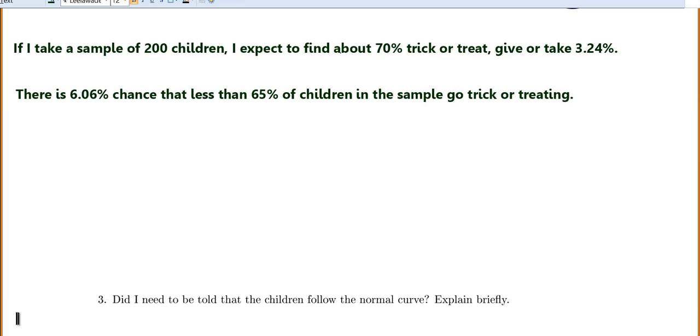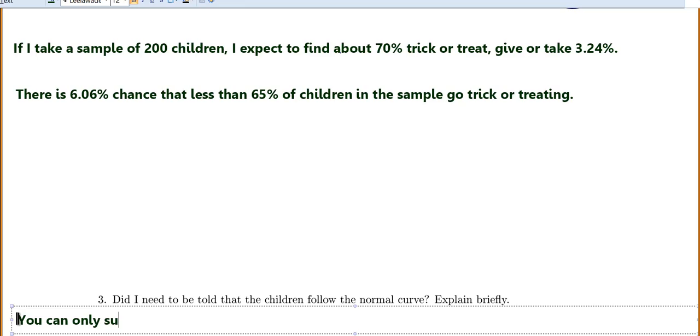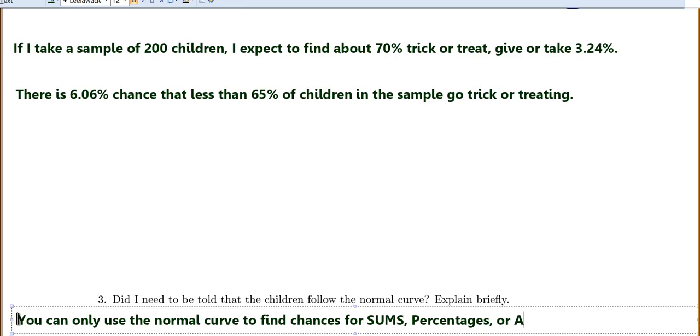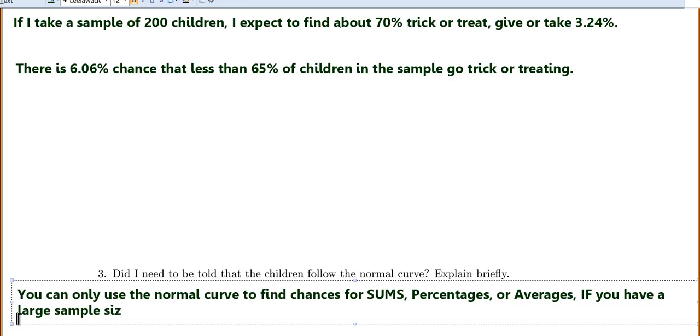So this comes down to the fact that you can only use the normal curve to find chances for sums, percentages, or averages, if you have a large sample size or the individual data is normally distributed.